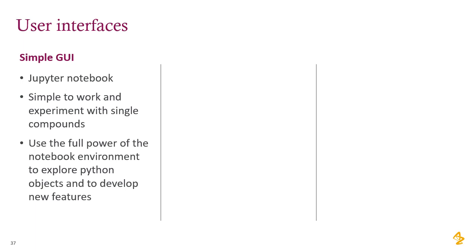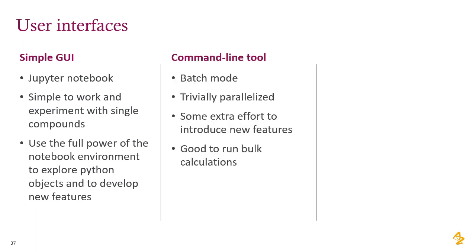I use it sometimes, but not a lot. There is the command line tool, which allows you to run predictions in batch mode. It's trivially parallelized, but in order to add new features, you have to put in a little bit of extra effort, but it's really good to run bulk calculations.